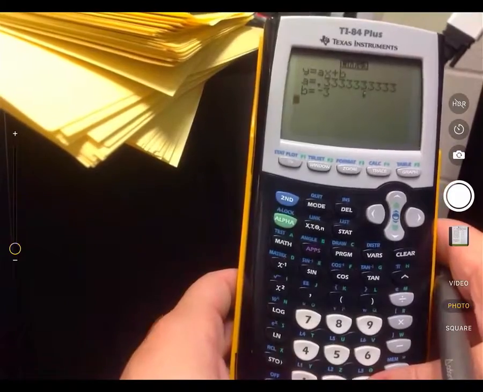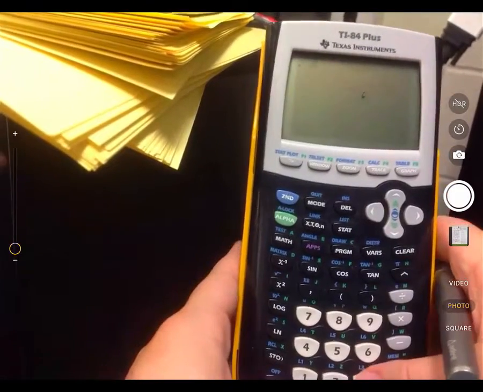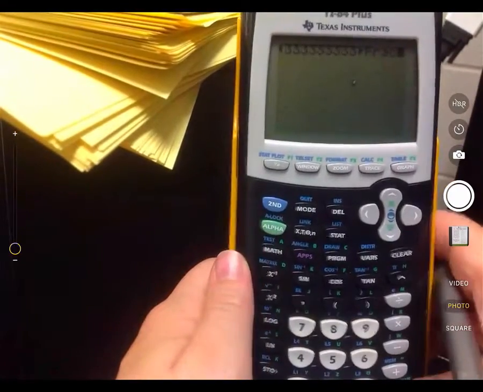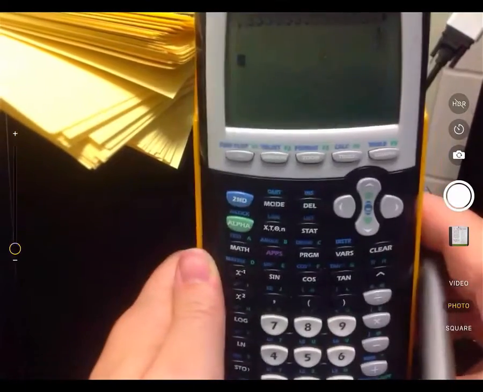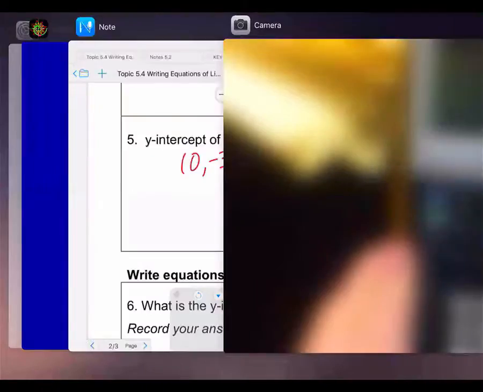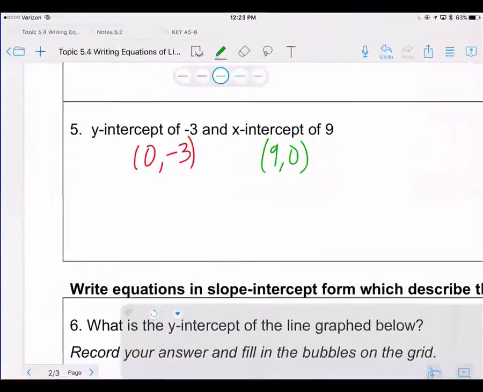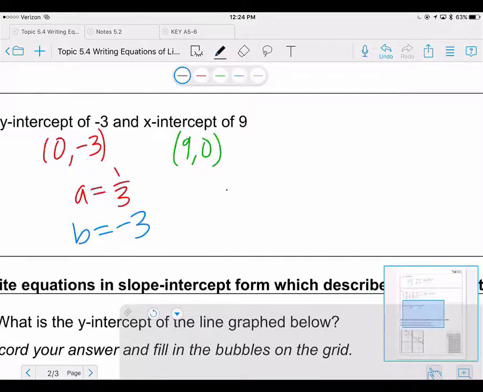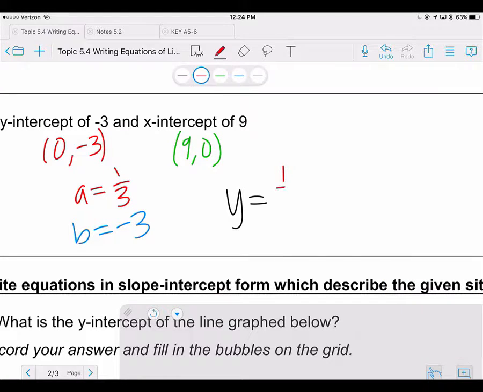Remember that if you enter 0.333333333333333 math, enter, enter, it will turn it into the fraction of 1/3 for you. So A is really 1/3, B is -3, so y equals 1/3 x minus 3.